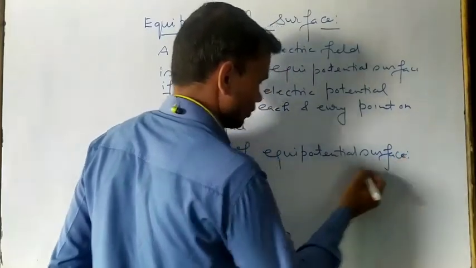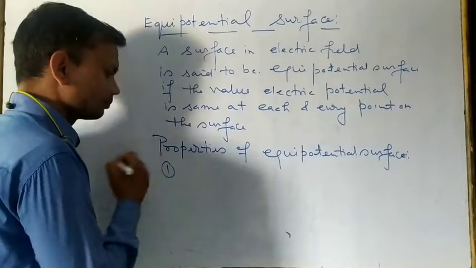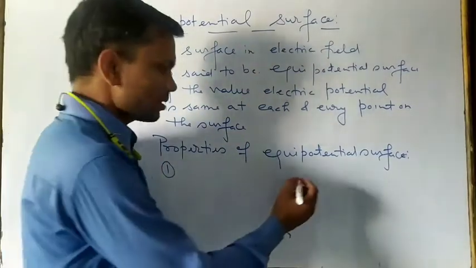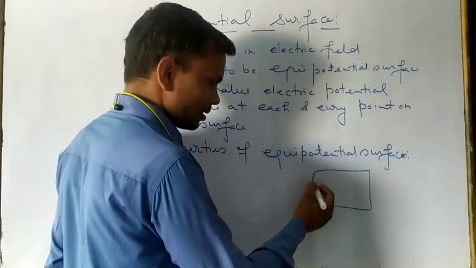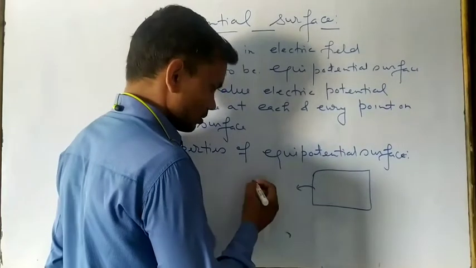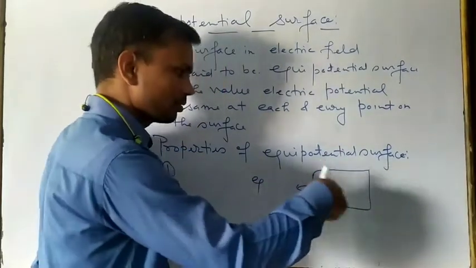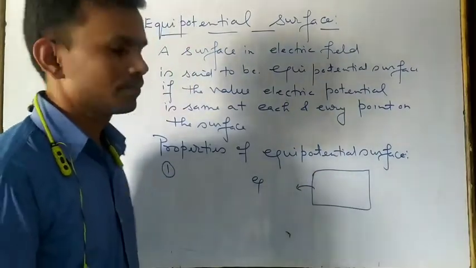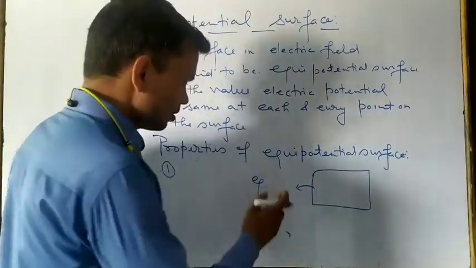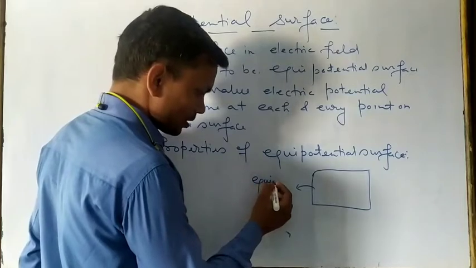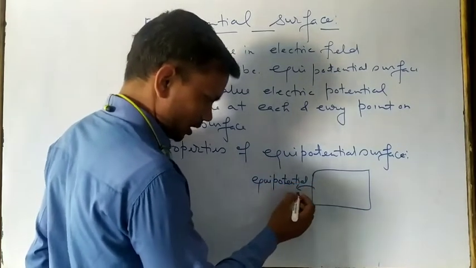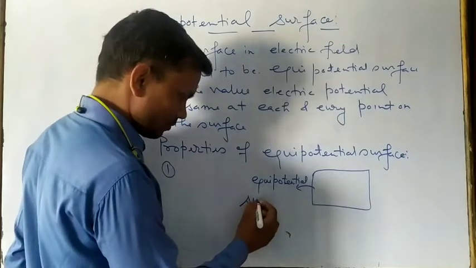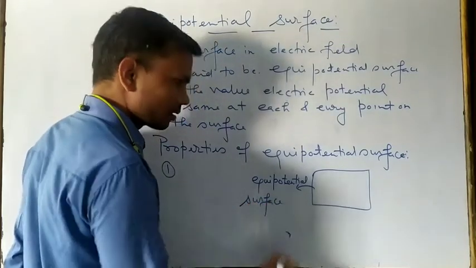So the first property you have to see. Suppose this is an equipotential surface, meaning at each and every point the value of electric potential is the same.